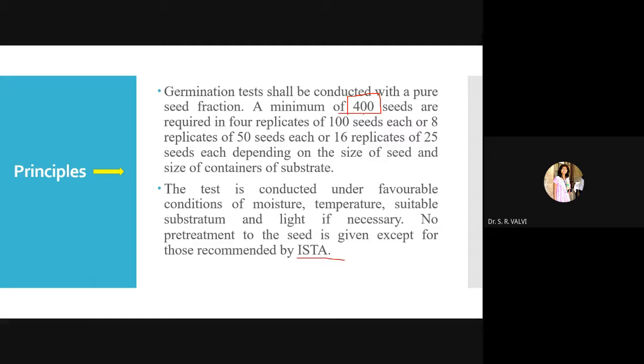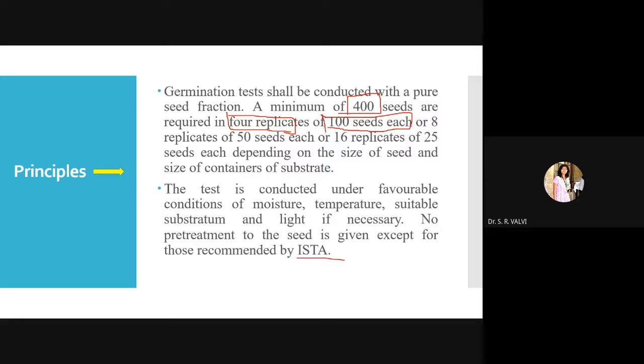These 400 seeds are not sown at a time. You take 100 seeds each and make 4 replicas of 100 seeds. So 100 into 4 is 400. Total 400 seeds are there.